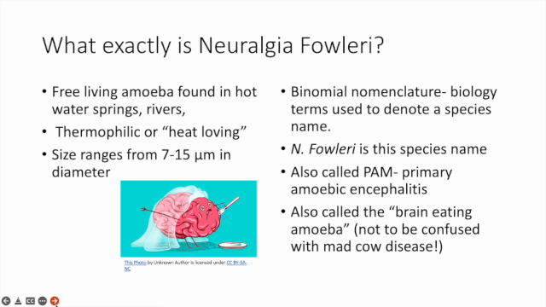It also goes by a couple other names like PAM, primary amoebic meningoencephalitis, and it can also be called brain-eating amoeba, which is not to be confused with mad cow disease. So that is a little bit about what N. fowleri is. And then I'll go to the next slide.